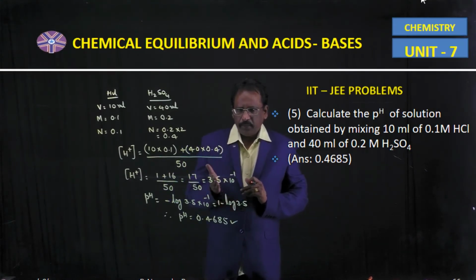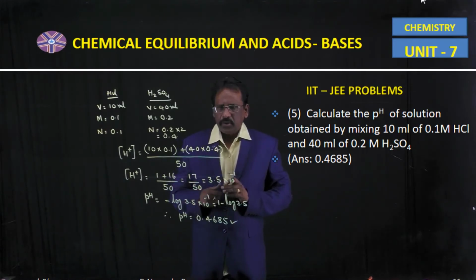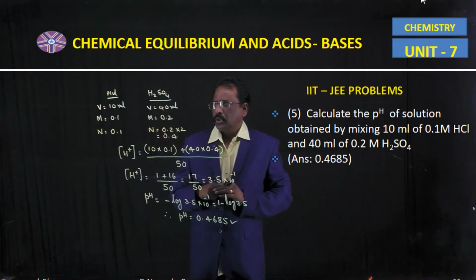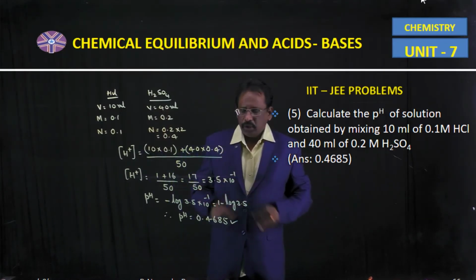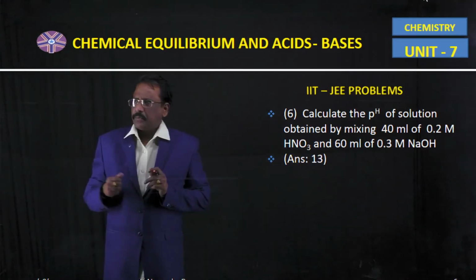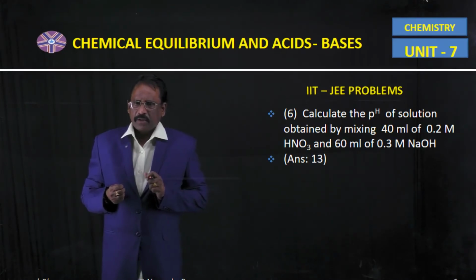That means 3.5 into 10 power minus 1. So pH of the solution of the mixture of these two, HCl and sulfuric acid, is equal to 0.4685.